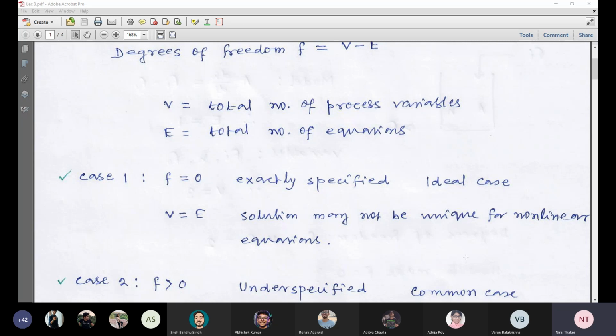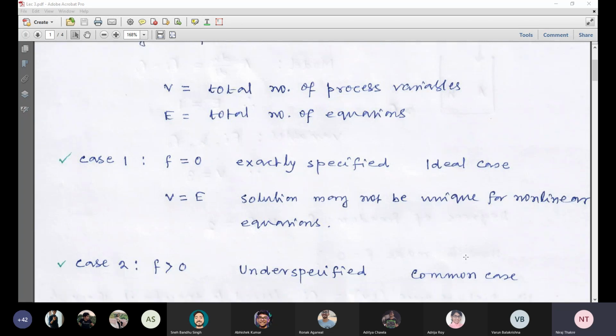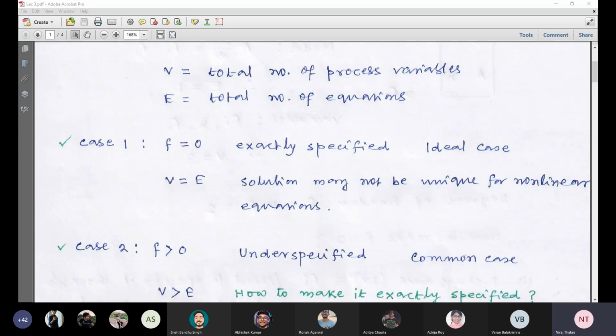Now our second case, which is quite common, that is f is greater than 0. It means number of unknown variables is greater than number of available equations. And these type of systems are called underspecified system, which are quite common.